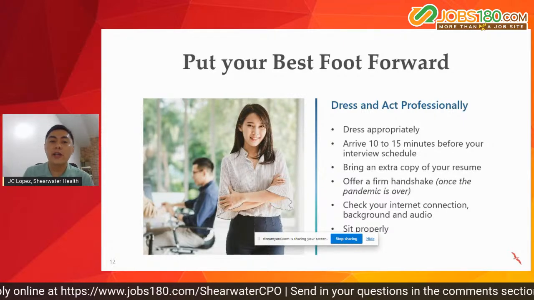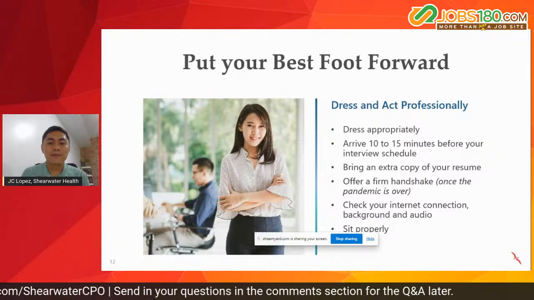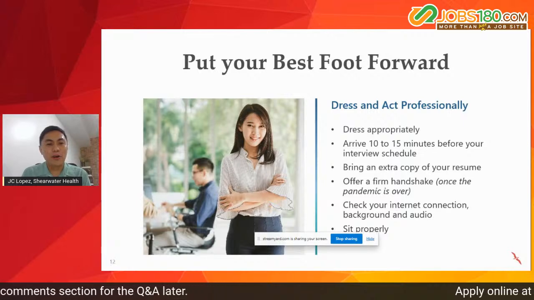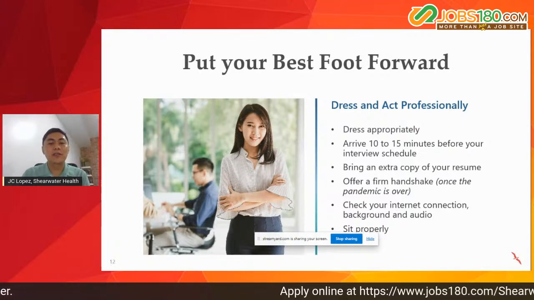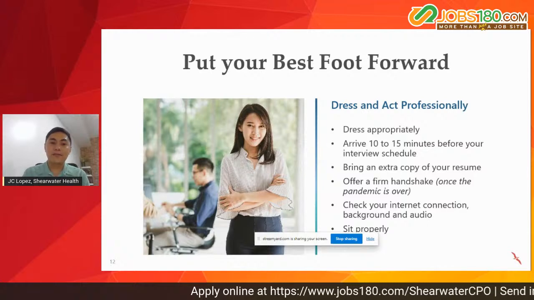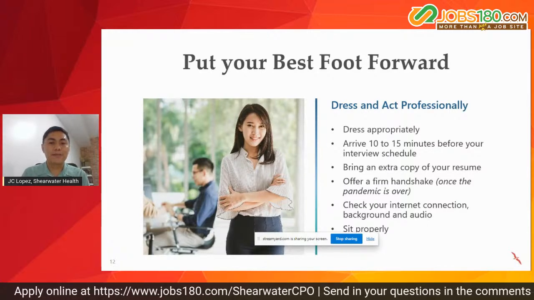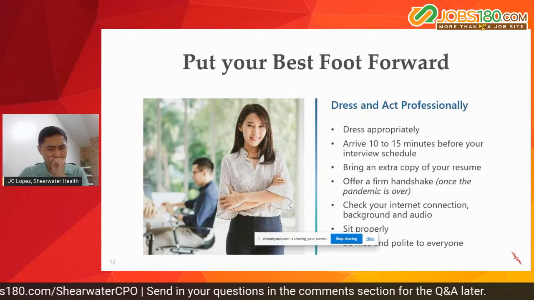You can hear your interviewers properly. Okay? And speaking of properly, you need to sit properly as well. Slouching is a form of unprofessionalism. So make sure that you sit smart, and you look smart, right? Dress the part, basically. Okay, dress and look the part.